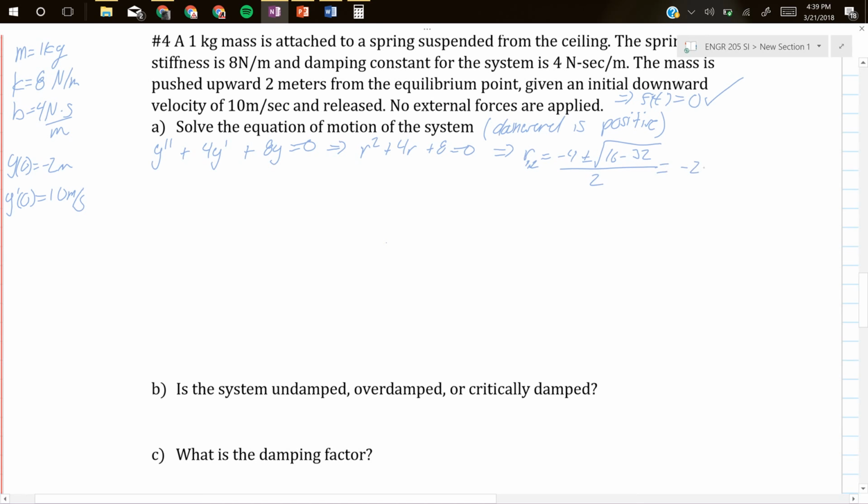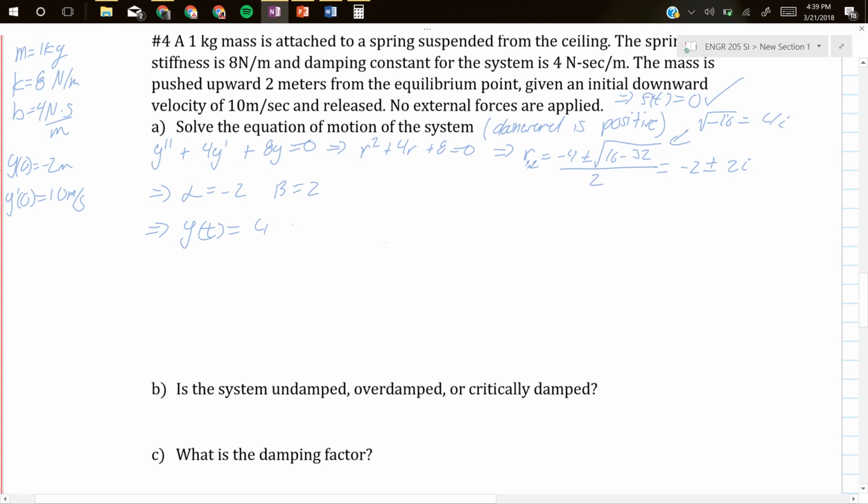This will equal negative 2, plus or minus the square root of 16 minus 32, which is the square root of negative 16, which equals 4i. We have 4i divided by 2, which is 2i. So then alpha equals negative 2 and beta equals 2.